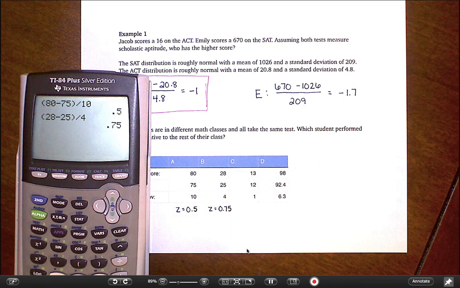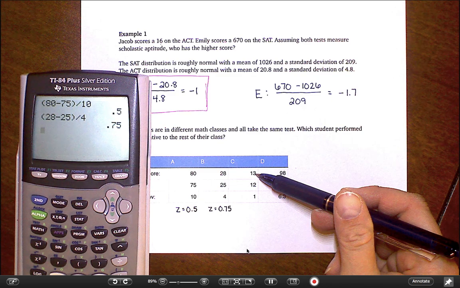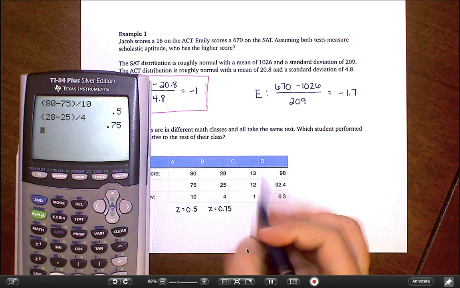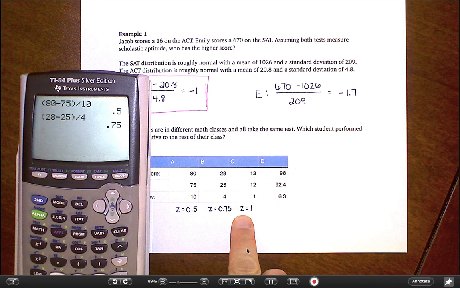This one I probably don't even need a calculator for. I didn't on the last one either. But 13 minus 12 is 1. The standard deviation is 1, so 1 over 1 would give me a z-score of 1. This student is 1 standard deviation above the mean.